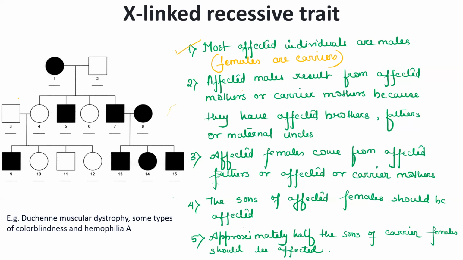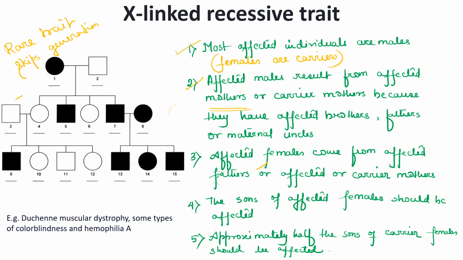X-linked one, remember, it's a rare trait and it skips generation. What happens here? The affected male results from affected mothers.